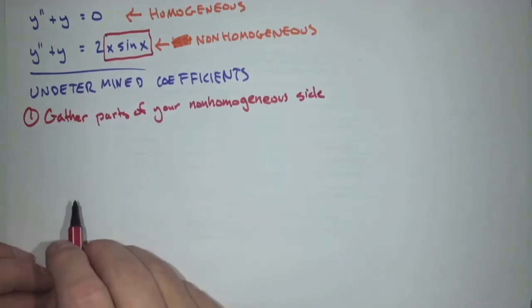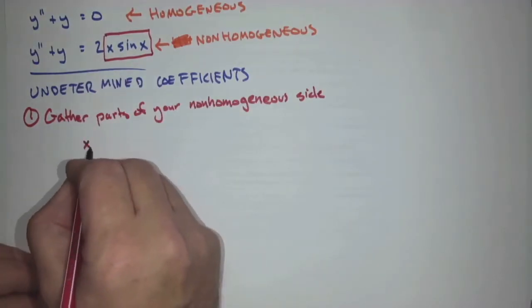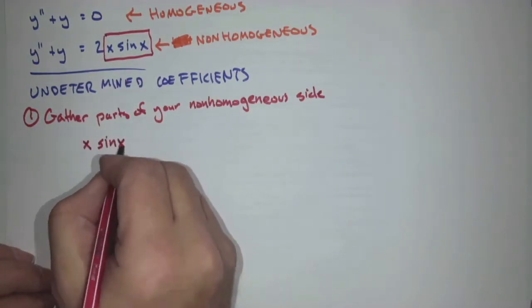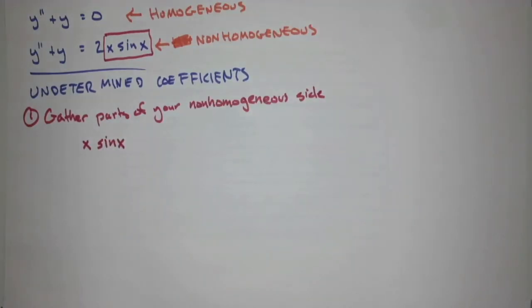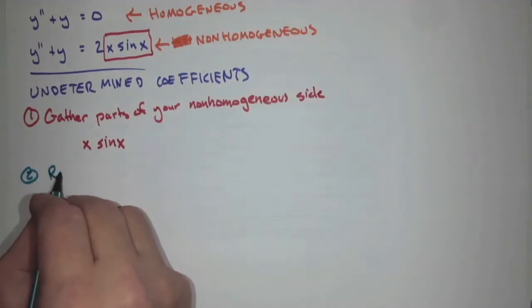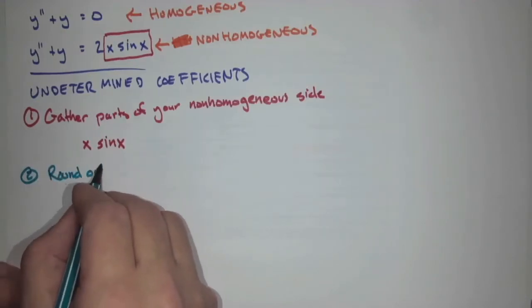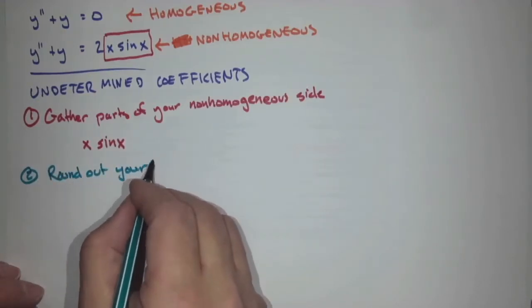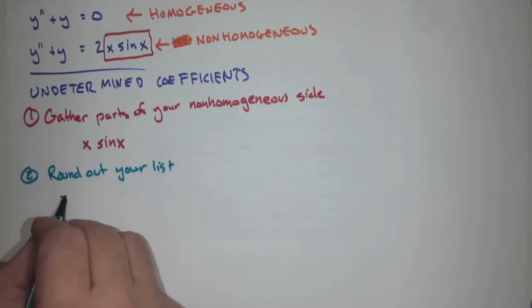I don't worry about the 2. So now we have x sine of x. Okay, so that's the first thing. And now, the second thing is round out your list. And by that, I mean there's three things to check.